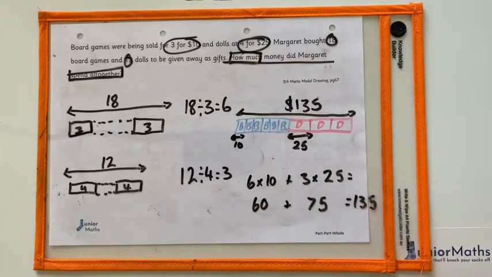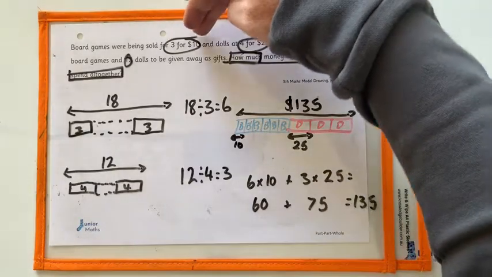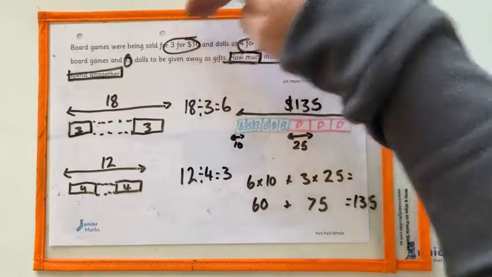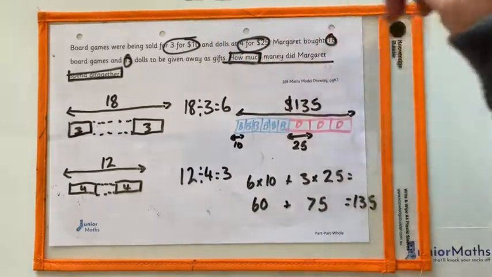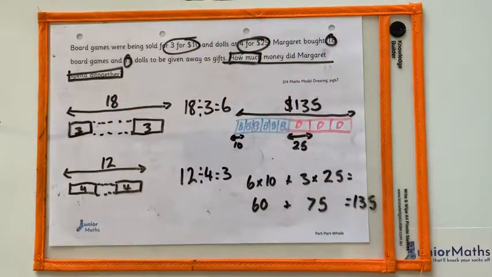Hopefully we get to the time where this question can be done mentally, but we need to show students how to think about the question, how to break down 3 for $10. Well, that means she has to buy 6 packets, so that's 60. If that's an automatic thought in the head, I think they're beyond this stage of bar model drawing. And I wouldn't necessarily ask them just for the sake of it, if they can demonstrate that that is their thinking.